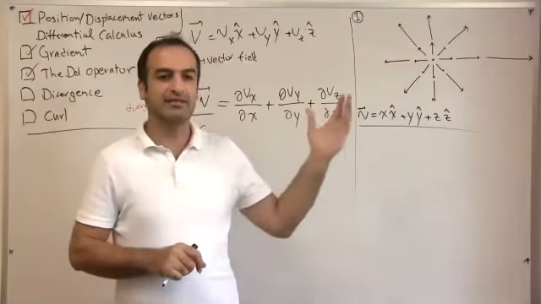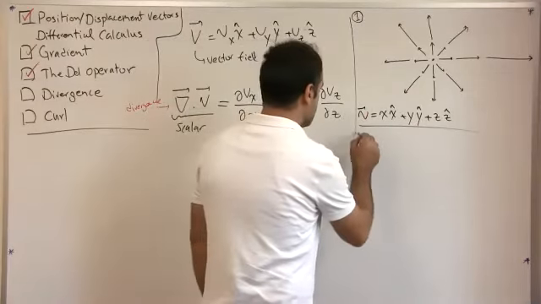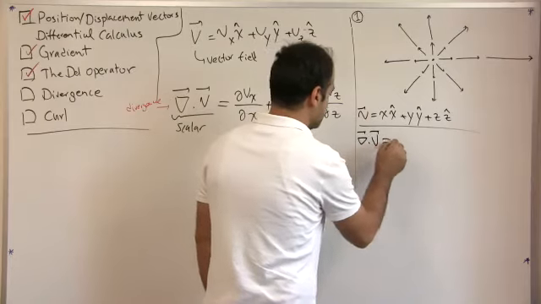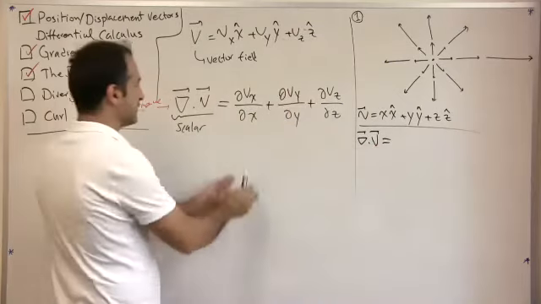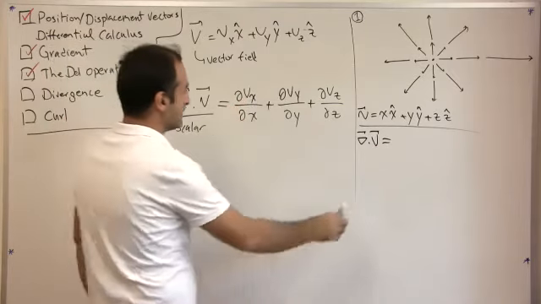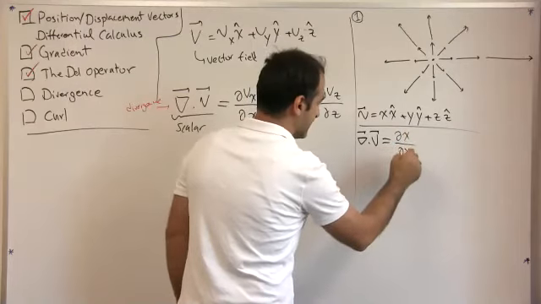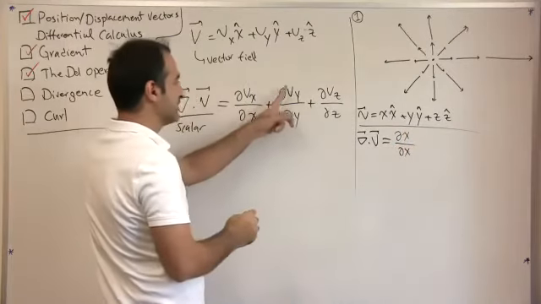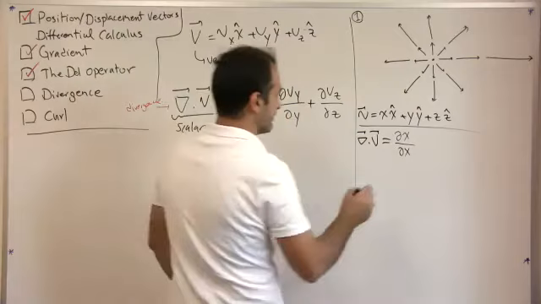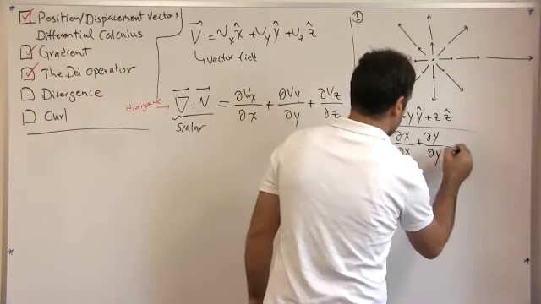Okay, let's calculate the divergence for this. The divergence of B is the partial derivative of the x component with respect to x, that is partial of x with respect to x, plus the partial derivative of the y component with respect to y, that is ∂y/∂y.